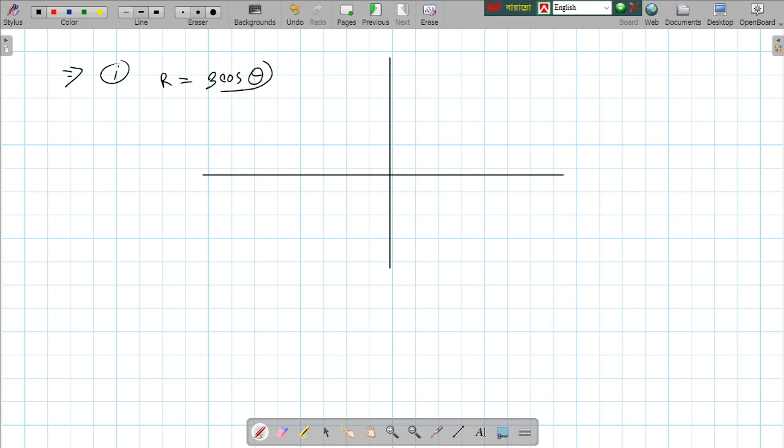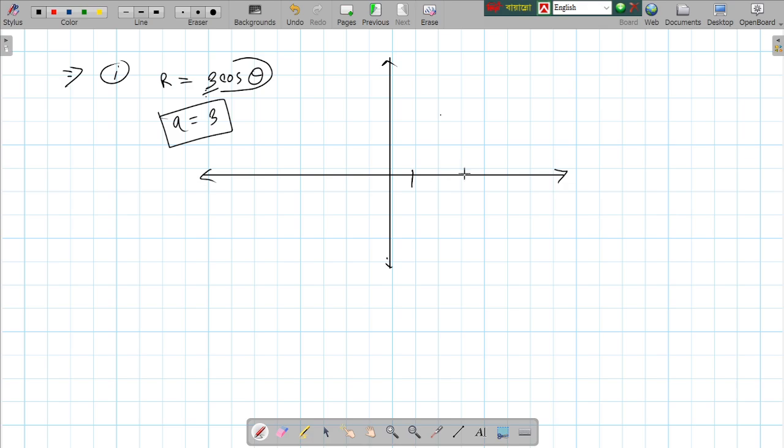As it is a cos function, we are sure that the graph lies along the x-axis, and a is positive, with a value of 3, so the function is on the right side of the y-axis, and the maximum value of r is 3.